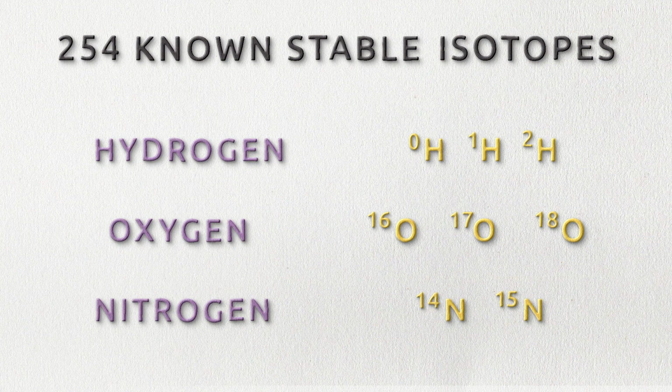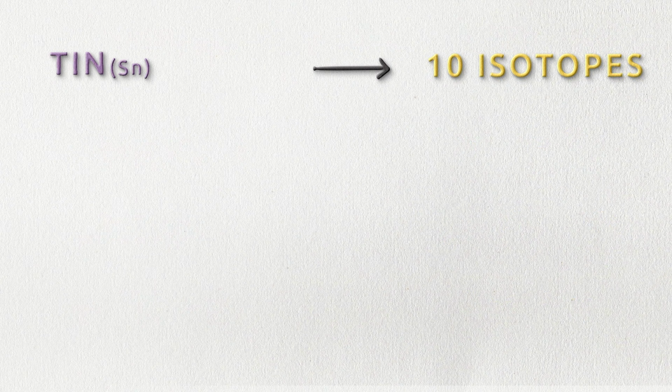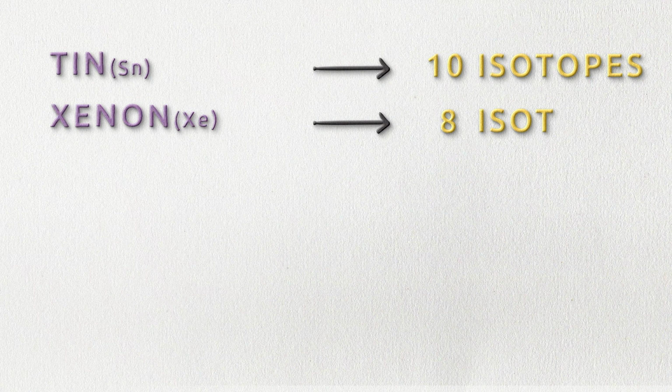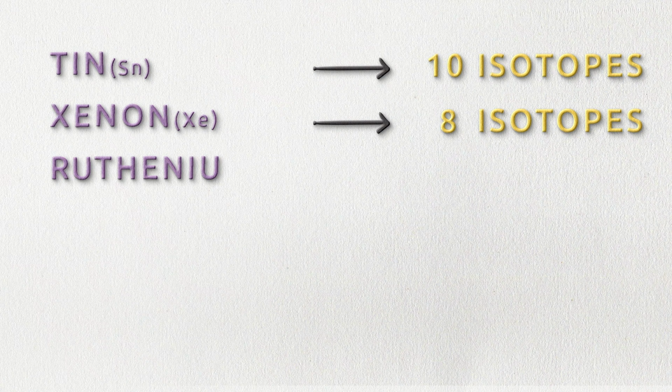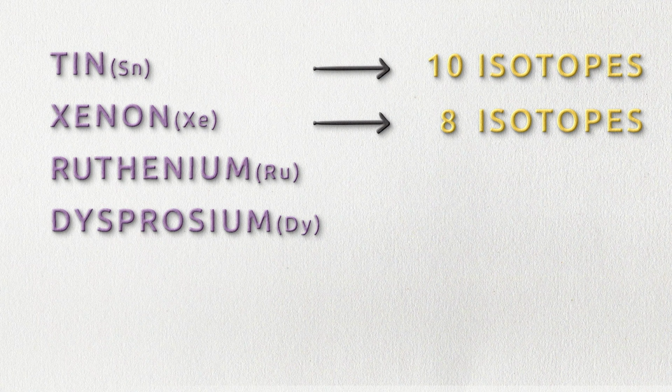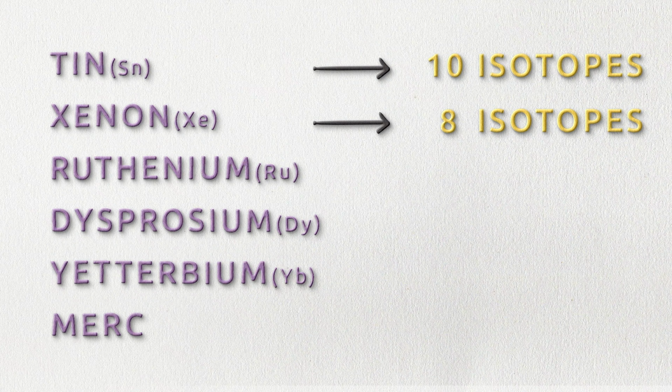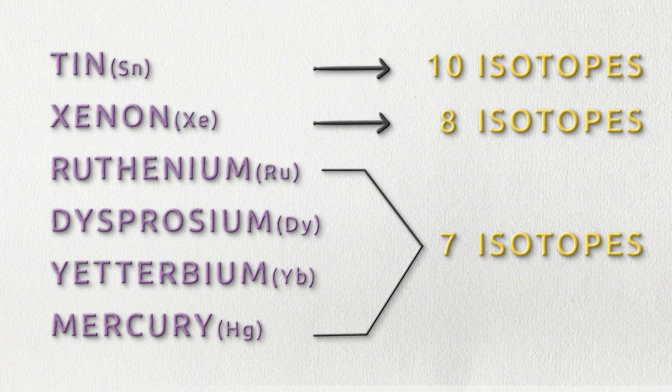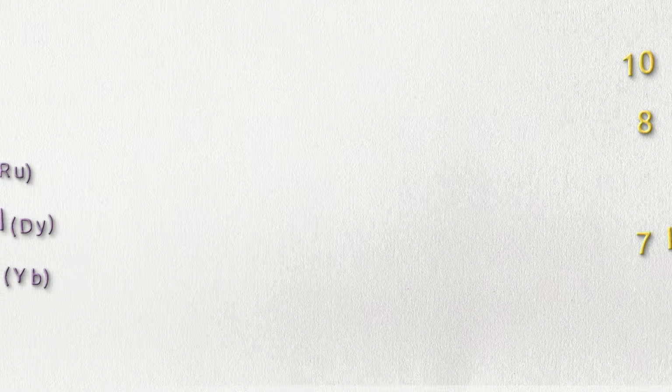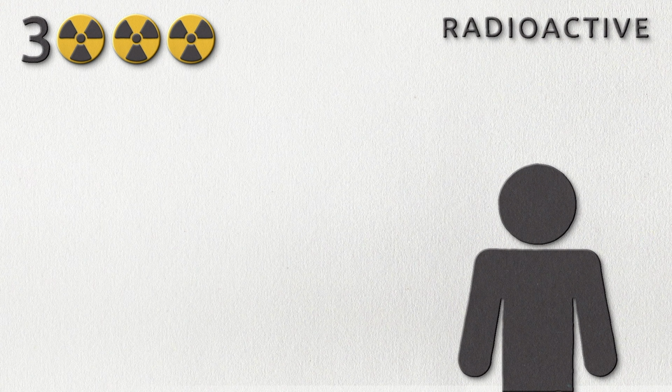Some elements have more than 2 or 3 isotopes. For example, tin has 10 isotopes, xenon has 8, and 4 elements, ruthenium, dysprosium, ytterbium, and mercury, each have 7 stable isotopes. There are more than 3,000 radioactive isotopes or radionuclides.